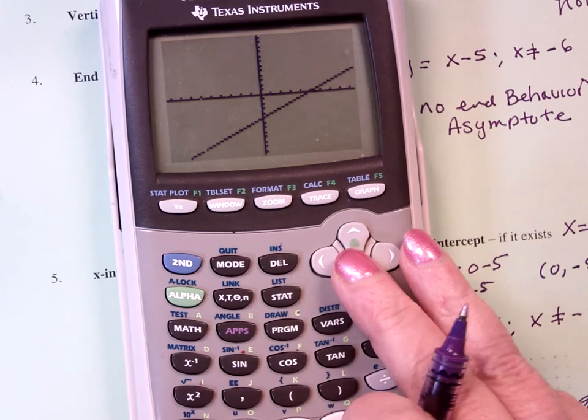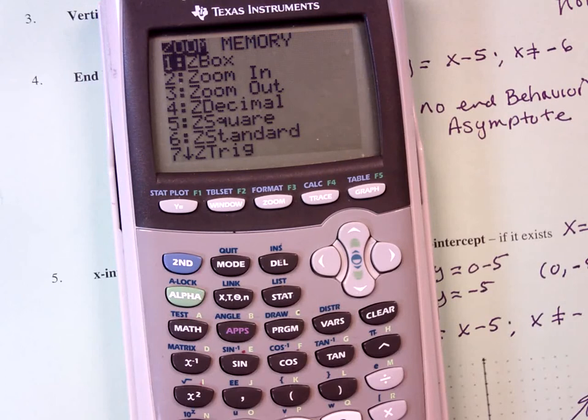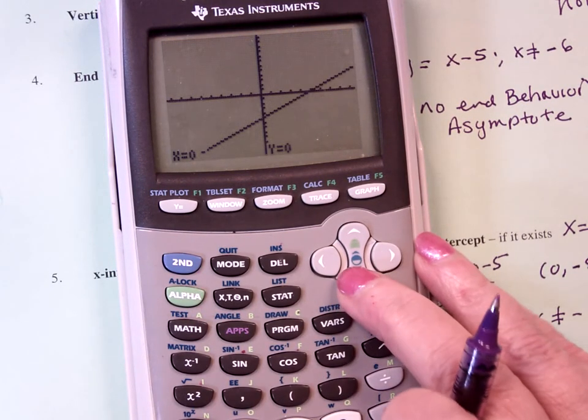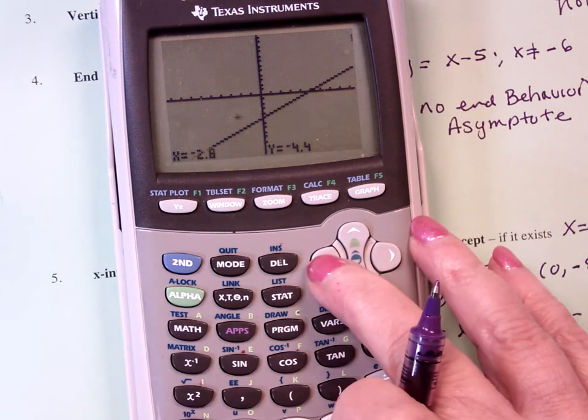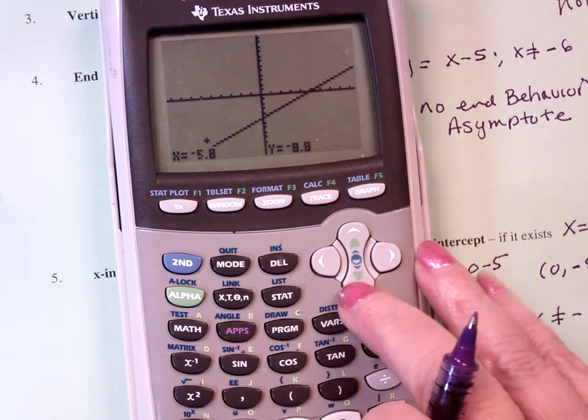Barely see it. So I'm going to zoom in, zoom 2, and see if I can go after it. It's negative 6.